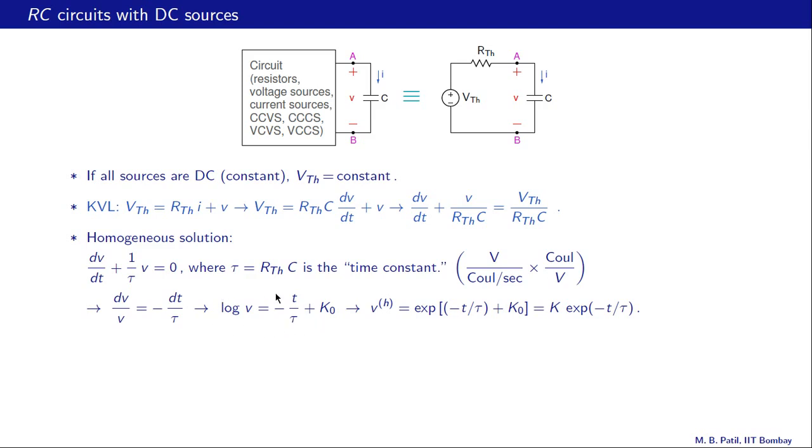This equation can be rewritten as V equal to e raised to minus t/tau plus k0, and then we can define e raised to k0 as another constant k, and therefore we have V, the homogeneous part, indicated here with the superscript h, equal to k times exponential of minus t/tau.